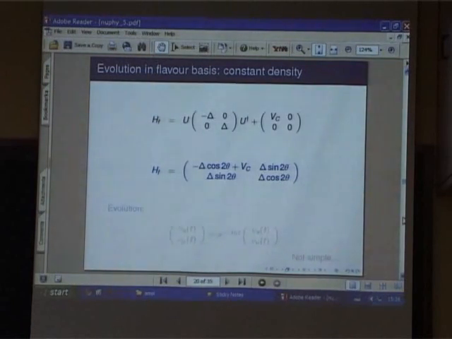Because if you want to do the evolution, this is complicated, right? So e power minus iHt means 1 minus iHt minus H squared t squared by 2 factorial, and so on and so forth. Okay, you can do it in principle, but that's not simple.